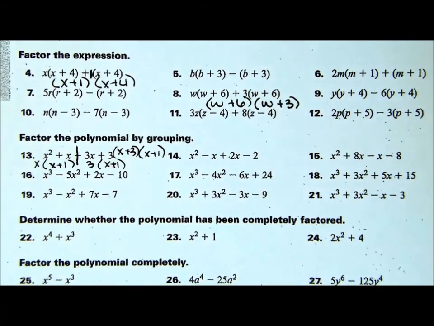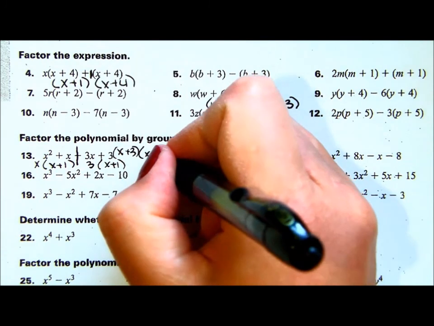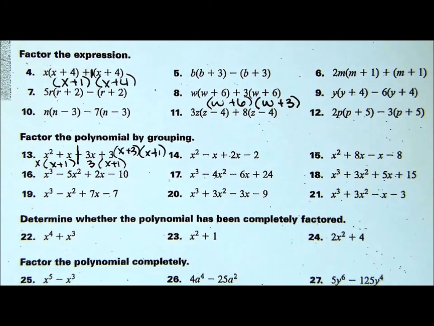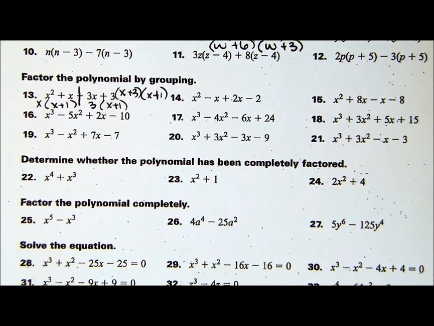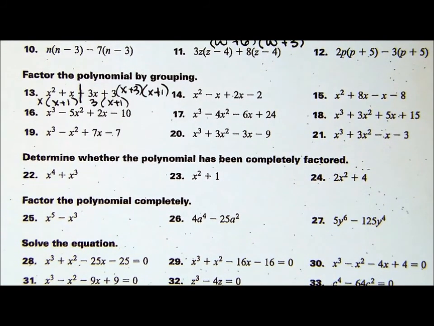When we take a look at number 22, 23, and 24, you're ultimately determining if the polynomial has been completely factored. So is it in its most simplest form? If it is, write yes. If it's not, write no and simplify it. Now in the case of number 22, we have x to the 4th plus x to the 3rd. That is not in its most factored form.